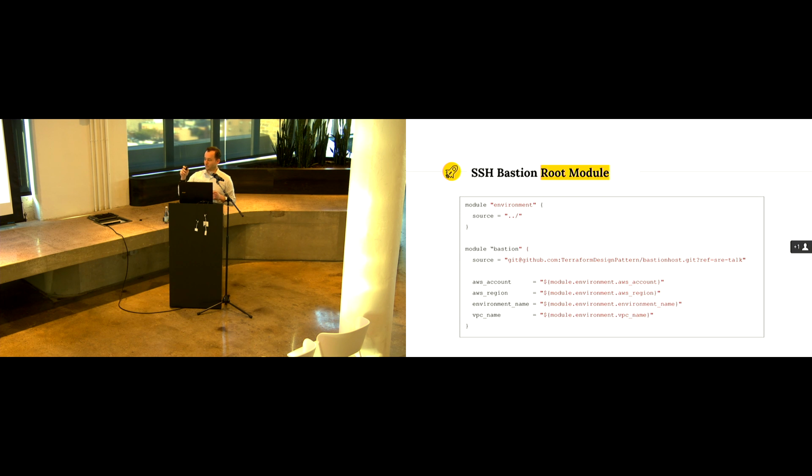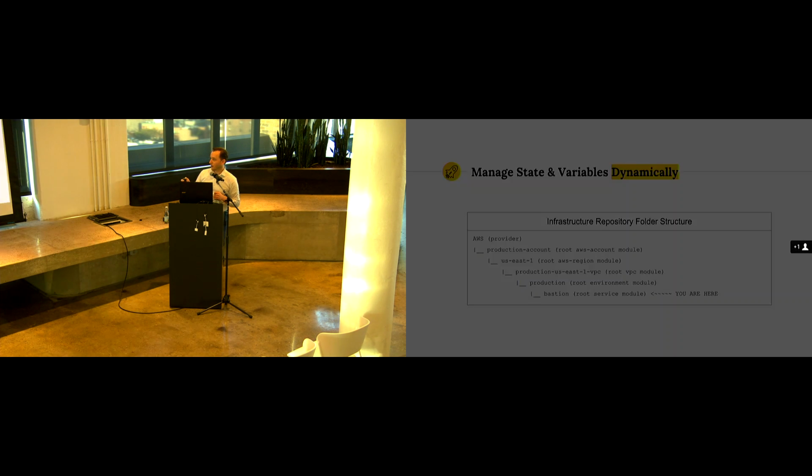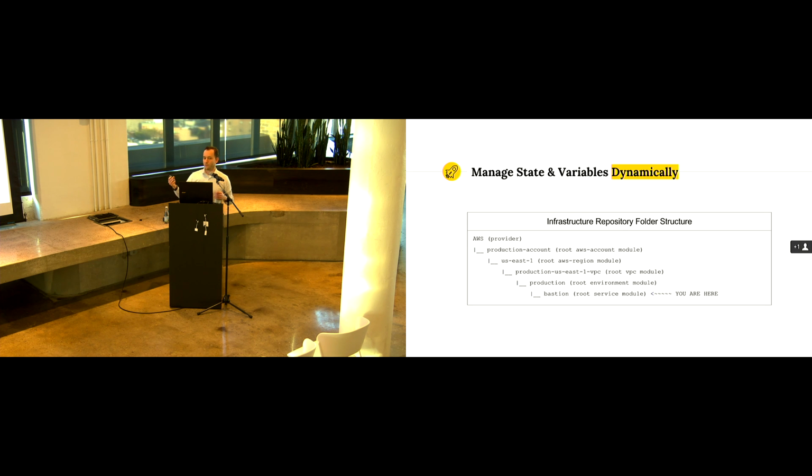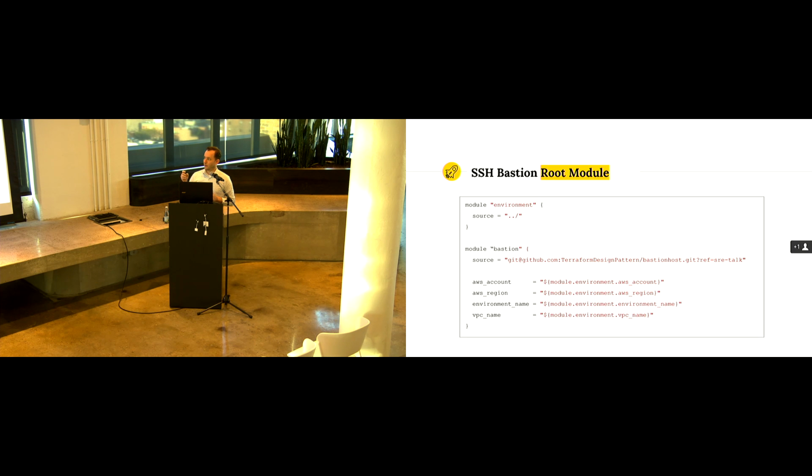All right, so this is an example of a root service module. Here we're just creating a jump box. If you look at the top, we are referencing the environment module, which is just those outputs from the parent folder.